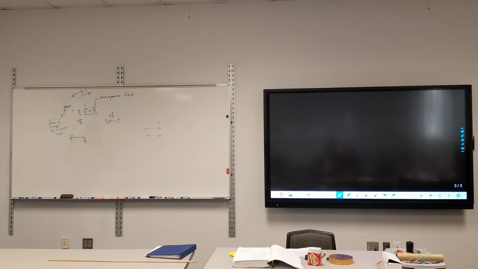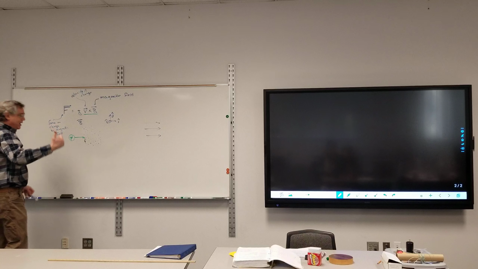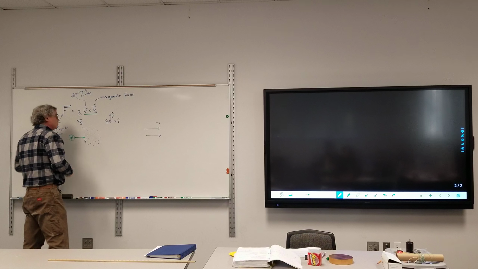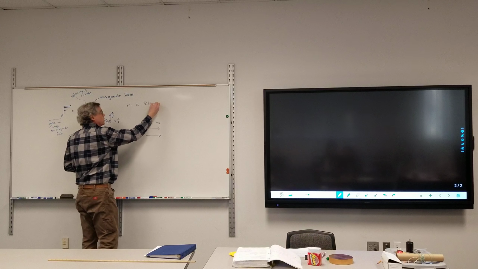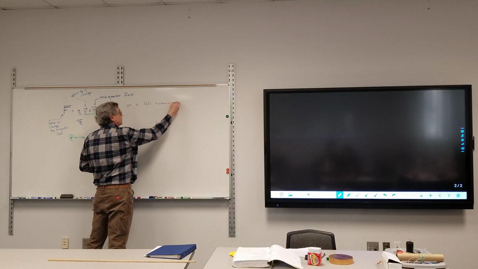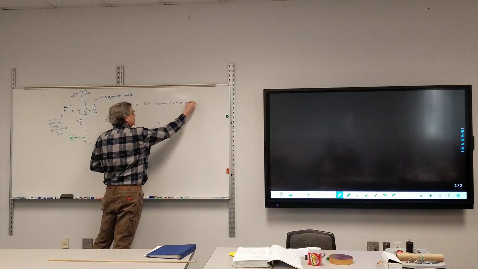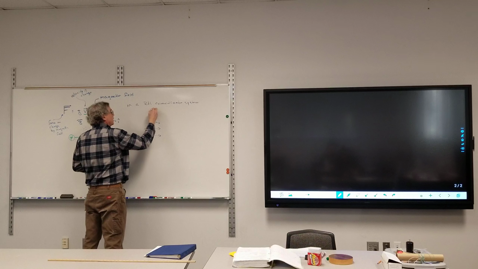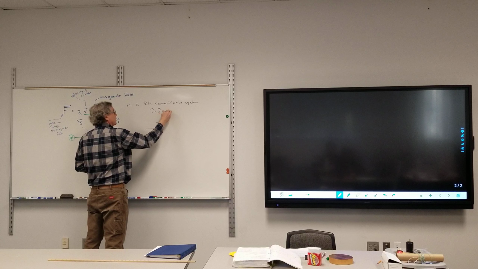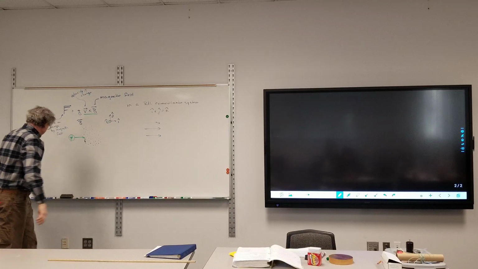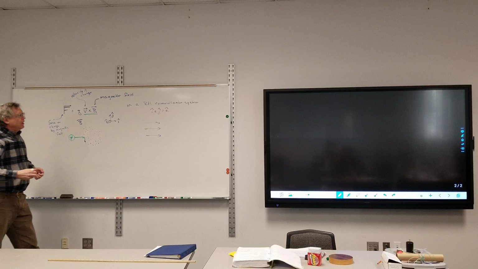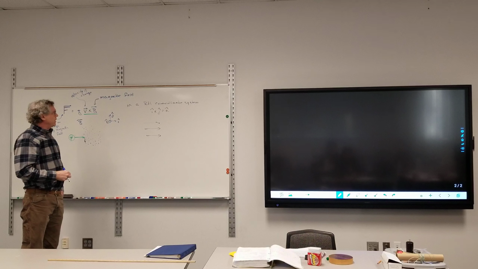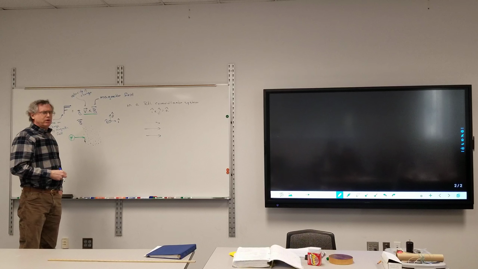This is a right-handed coordinate system because I cross J equals K. In a right-handed coordinate system, I cross J equals K. In fact, in a right-handed coordinate system, what's J cross K?